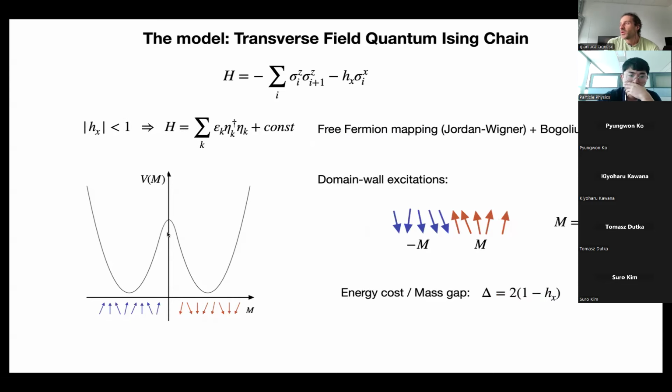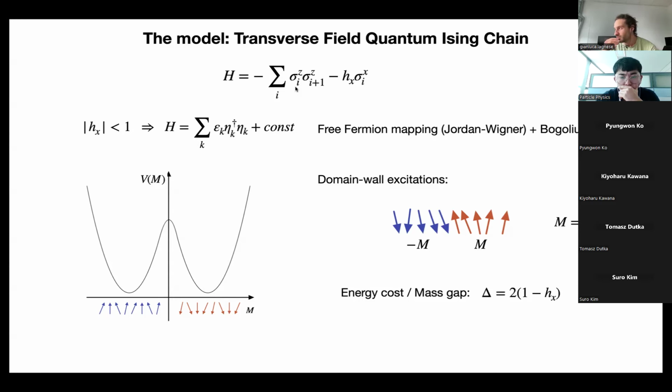But as I said, we can be more general. This is a very standard technique, and if you're interested, I can tell you more. The main idea is that you can map this model of spins, these Pauli operators, using a Jordan-Wigner mapping, which maps these operators to fermion operators, so they satisfy fermionic anti-commutation relations.